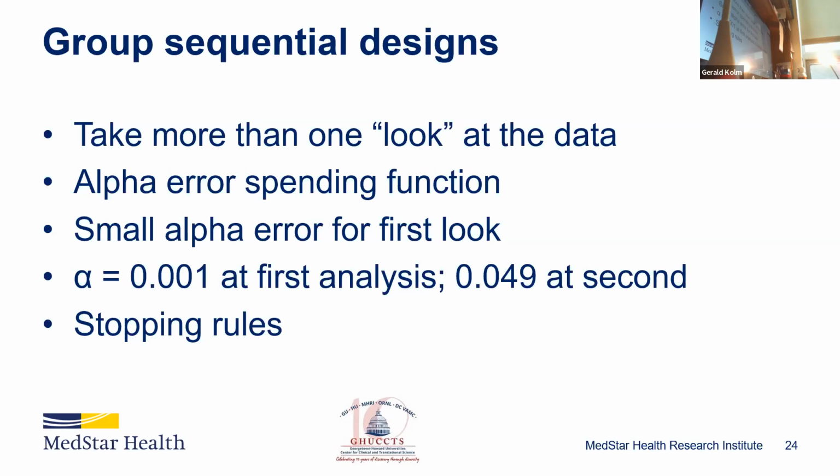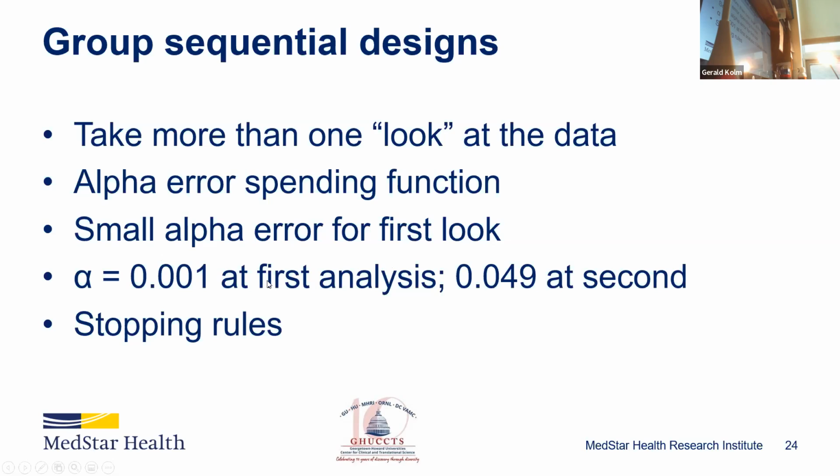And so the way that this is done, and my example here isn't how it's actually done, it just illustrates the concept. So at your first analysis, we'll set our alpha error rate at 0.001. And then at the second or the last analysis, we'll set it at 0.049 so that these add up to 0.05 if that's your alpha error rate that you want to look at.